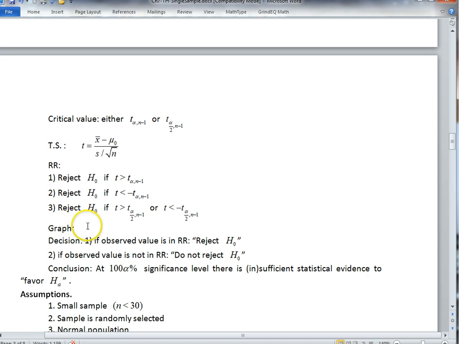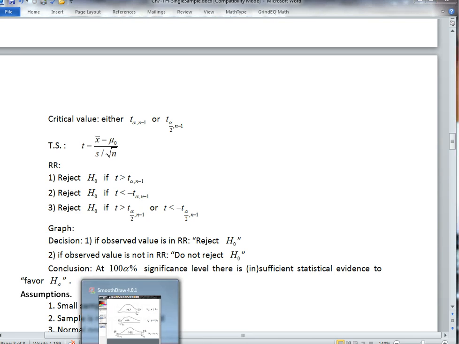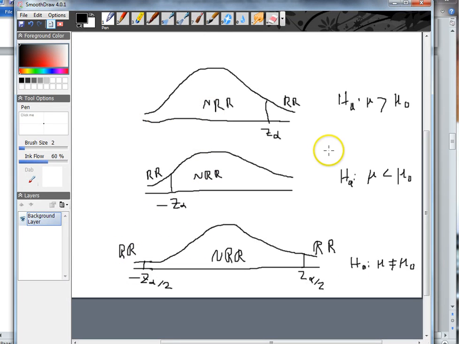And the graphs, we're going to have 3 graphs, one for each, which are quite similar to these ones. And so let me show you. So for the upper, the only difference here is going to be, I would have t alpha with the degrees of freedom, negative t alpha here, and this would be negative t alpha over 2, and this would be t alpha over 2.